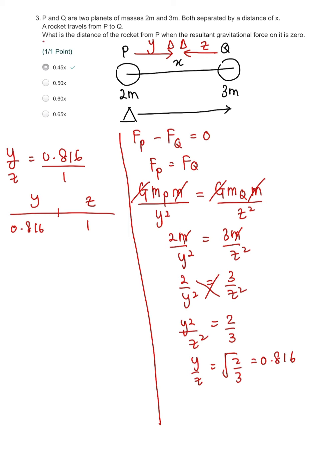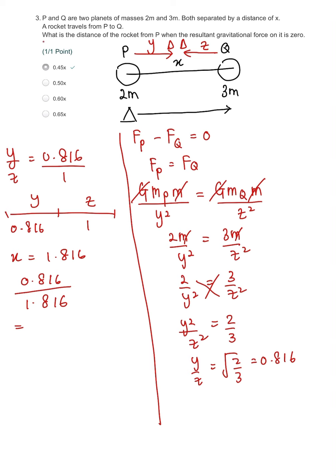Tapi dekat sini kita tak nak cari nilai z, but we want the value in terms of x. So the total x here is 1.816. So value y in terms of x is 0.816 over 1.816.